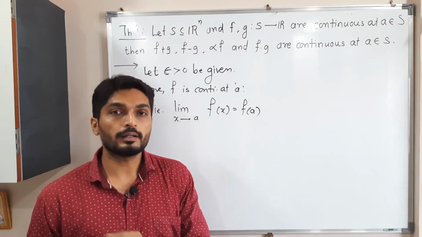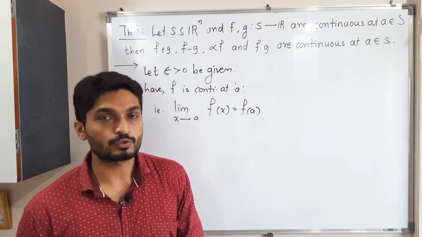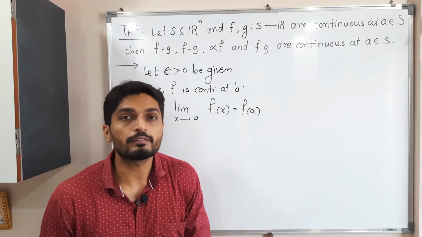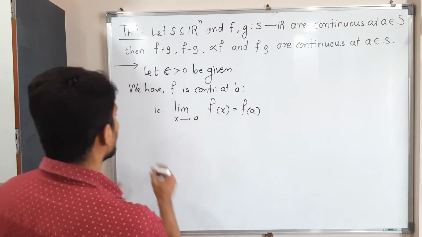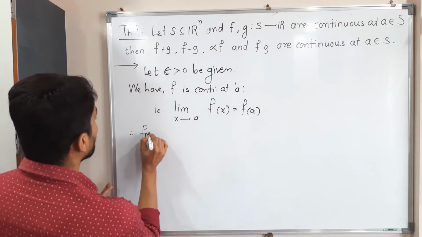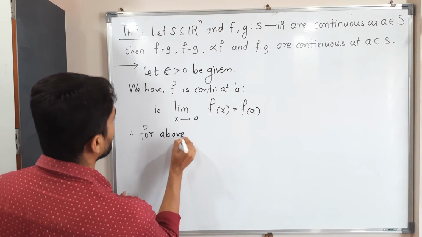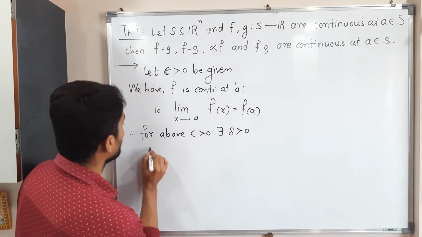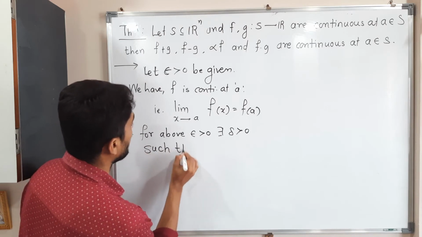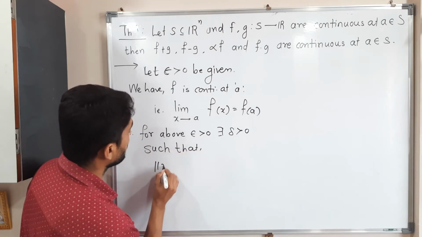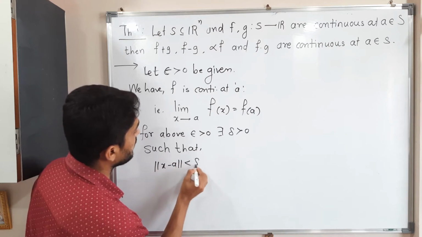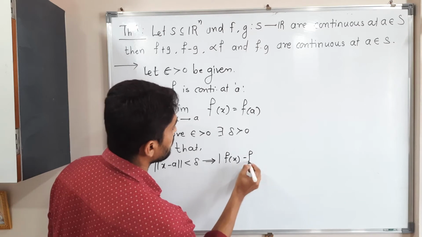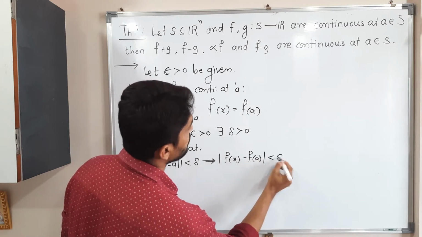So let us apply the epsilon delta definition. Therefore, by definition, what can I write for given epsilon? But epsilon already we have taken, so I will call it for above epsilon. Therefore, for above epsilon greater than 0, there exists delta greater than 0 such that norm x minus a less than delta implies mod f of x minus f of a less than epsilon.